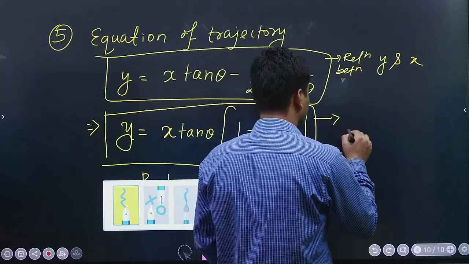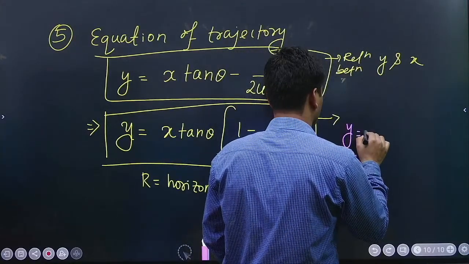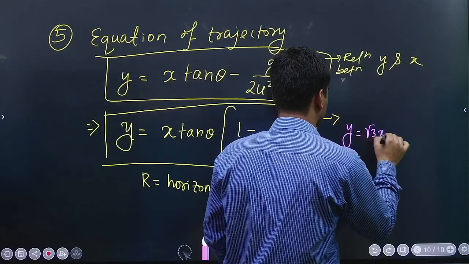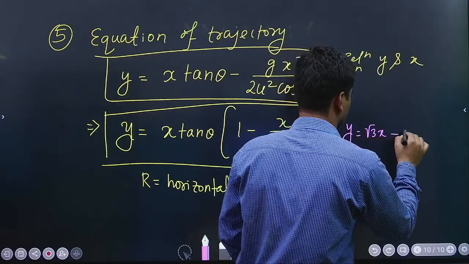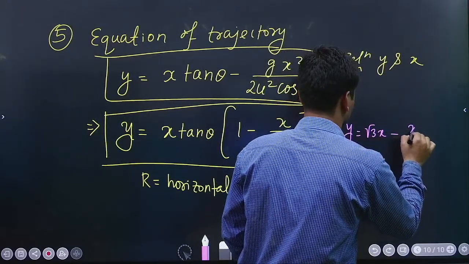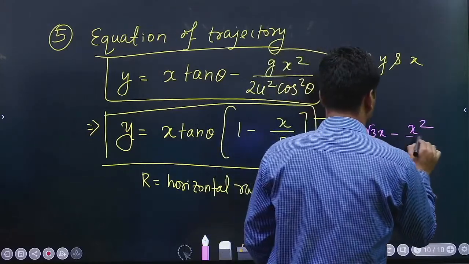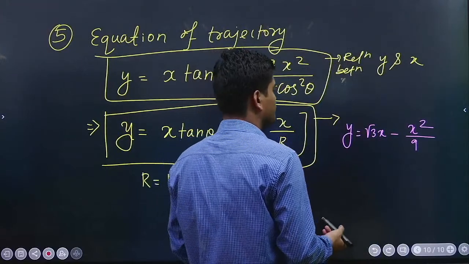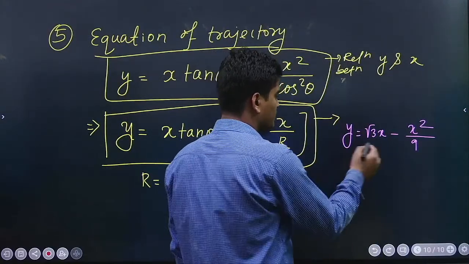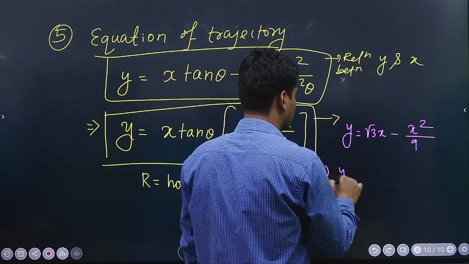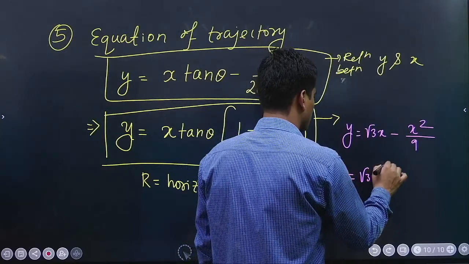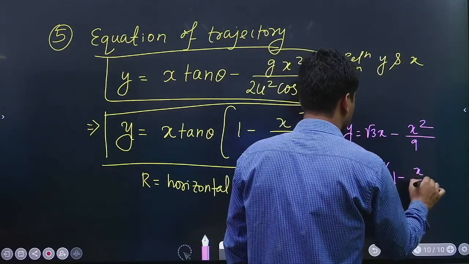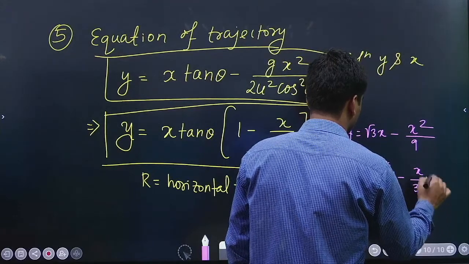Questions will be like this: suppose y is given as root 3 x minus x square by 9. Now you can take root 3 x common, and it becomes 1 minus x by 3 root 3.